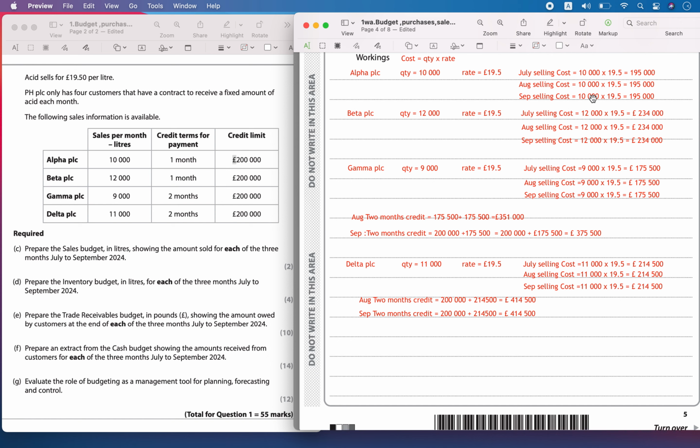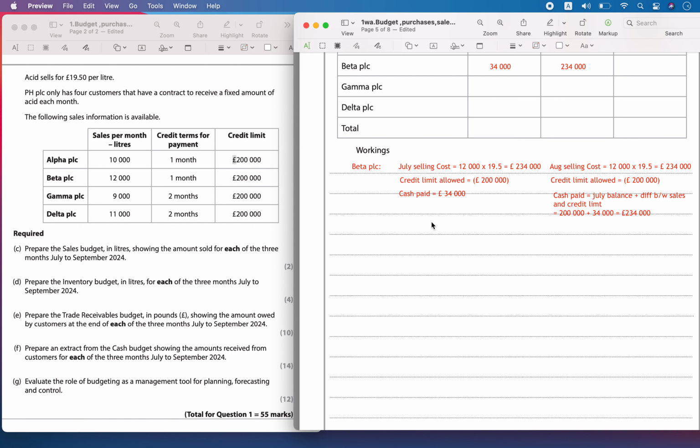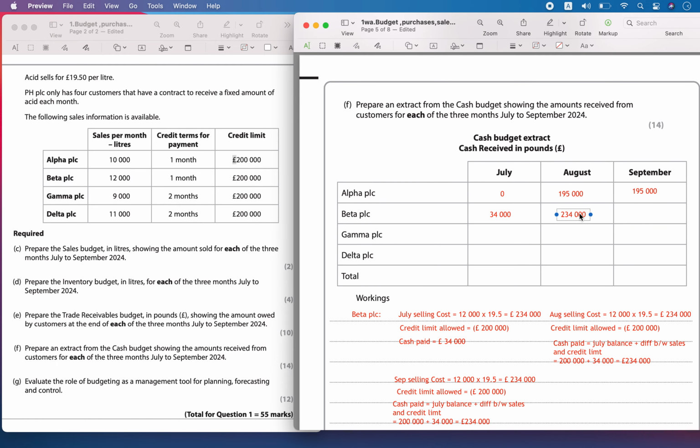For September also, Beta had to pay 234. The total sales for Beta for September was 234, but the credit limit was this much, and the previous month's credit limit will also apply, so again they would have had to pay 234 in this month also.